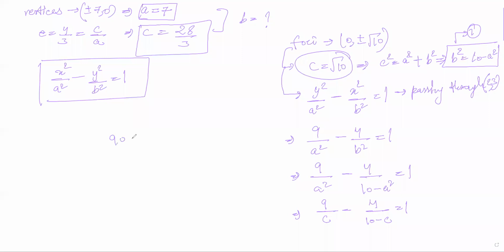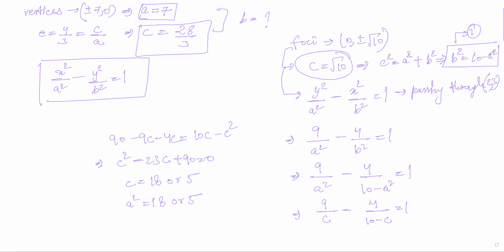And this will be 90 minus 9c minus 4c is equal to 10c minus c square. So this should be c square minus 23c plus 90 is equal to 0. So c would be either 18 or 5. So your a square is either 18 or 5.